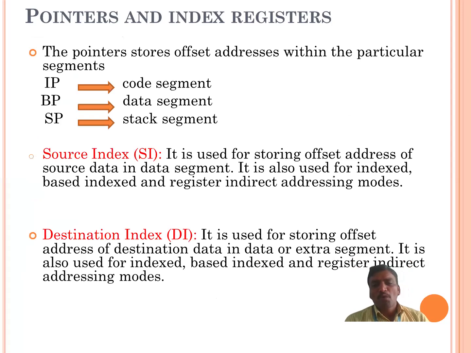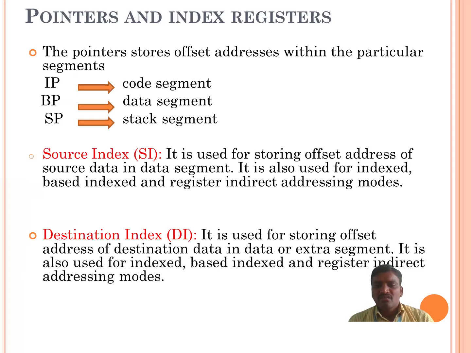Next one, the pointer registers as well as index registers. The main purpose of the pointer registers and index registers is to store the offset address of the memory location. For example, if you are taking data segment memory, the memory location consists of two addresses: one is the base address, another one is the offset address.